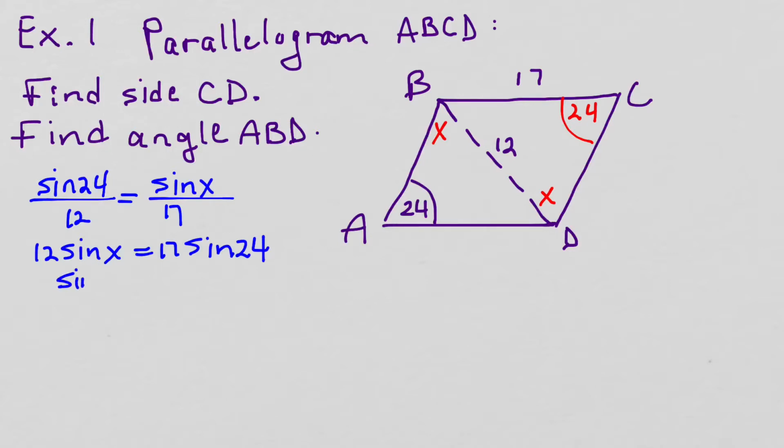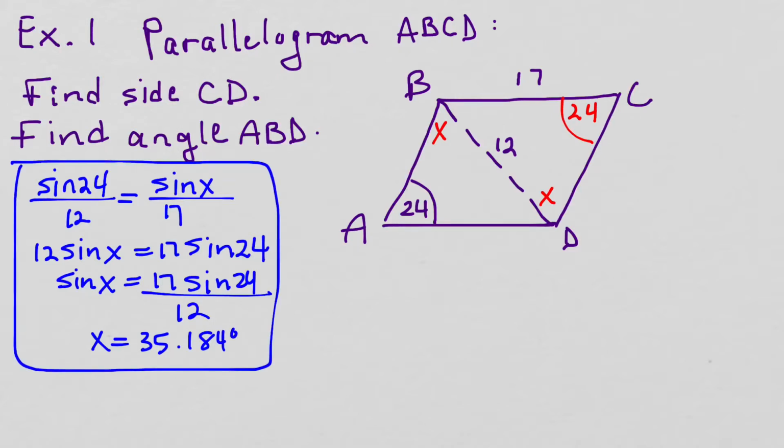Sine of X is equal to 17 sine 24 divided by 12. So typing that into the calculator and taking the inverse sine of that, you should get X is equal to 35.184 degrees.